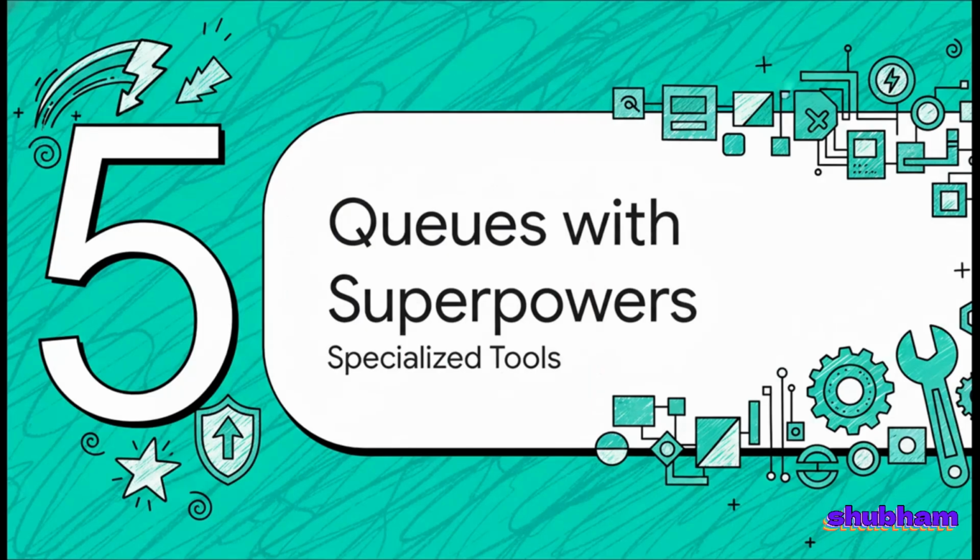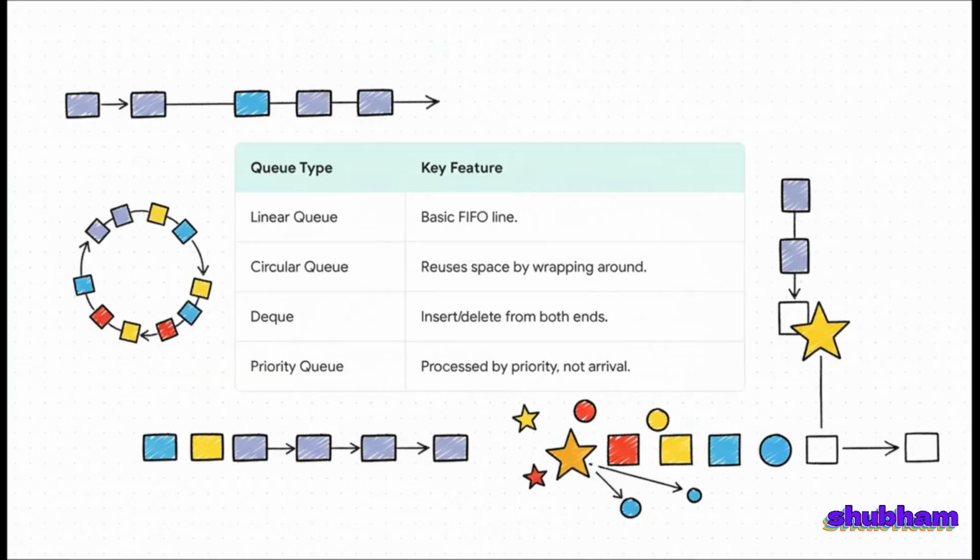Now, the circular queue is a fantastic fix for efficiency, but sometimes you need a tool for a much more specific job. And so, computer scientists have developed specialized queues with some extra abilities. We can call them superpowers if you like. This table gives us a quick rundown. We've talked about the linear and circular queues, then there's the double-ended queue, or Dequeue for short. With this one, you can add and remove items from both ends.